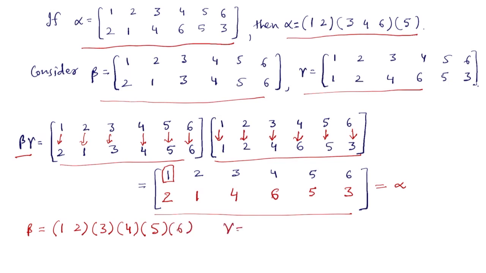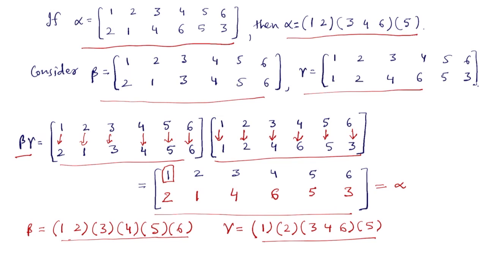Similarly, gamma is equal to, let us start with 1. 1 goes to 1 under gamma, 2 goes to 2, 3 goes to 4, 4 goes to 6, and 6 goes to 3. So this cycle is closed, and then 5 goes to 5. So beta and gamma in cycle notation form are this and this.